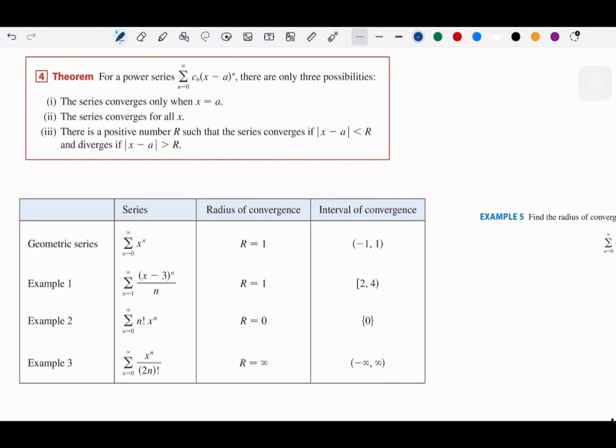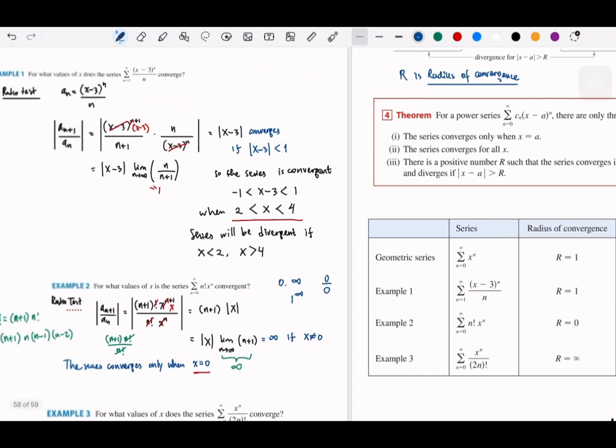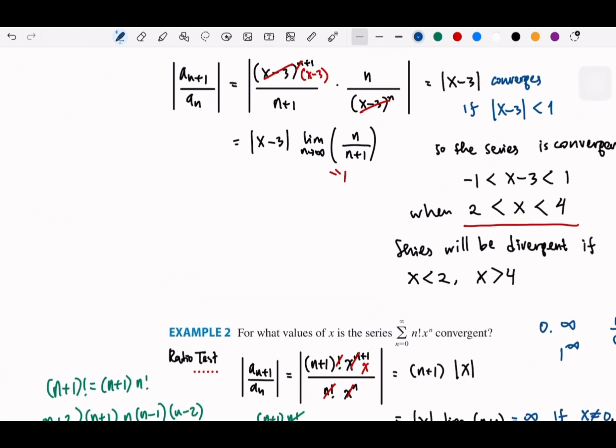Okay, so let's go back for a while. So this is not over yet. What we can do is check every endpoint.